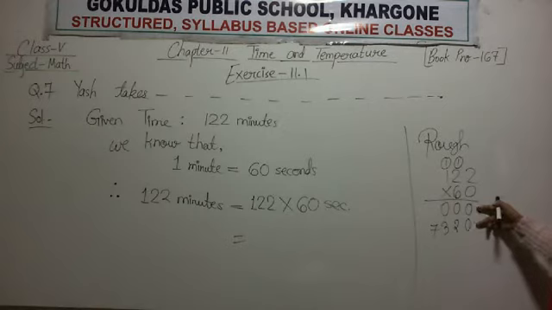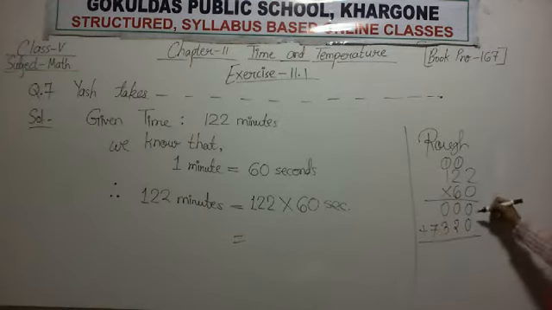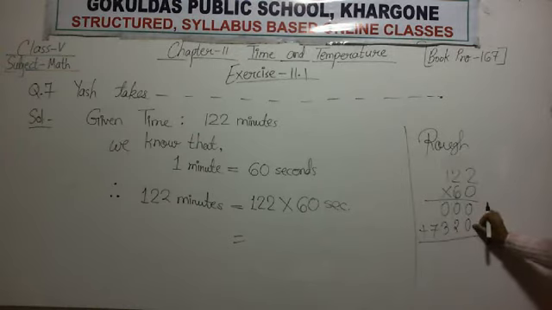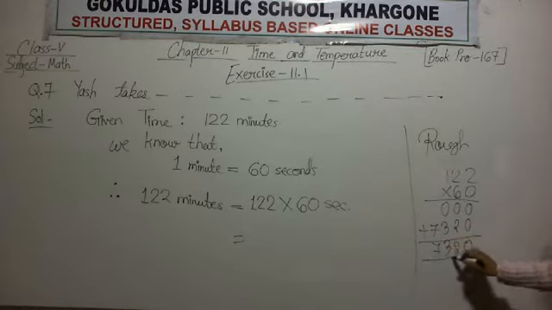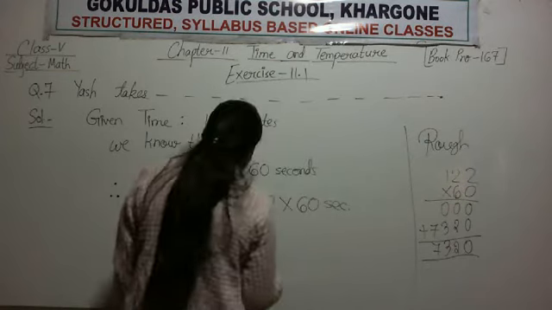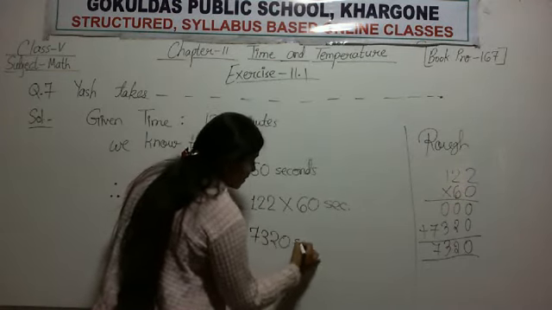Now we get two partial products, add both the partial products. 0 plus 0 is 0, 0 plus 2 is 2, 0 plus 3 is 3 and 7 as it is. So after multiplication our result is 7320. Write this result here, 7320 seconds.